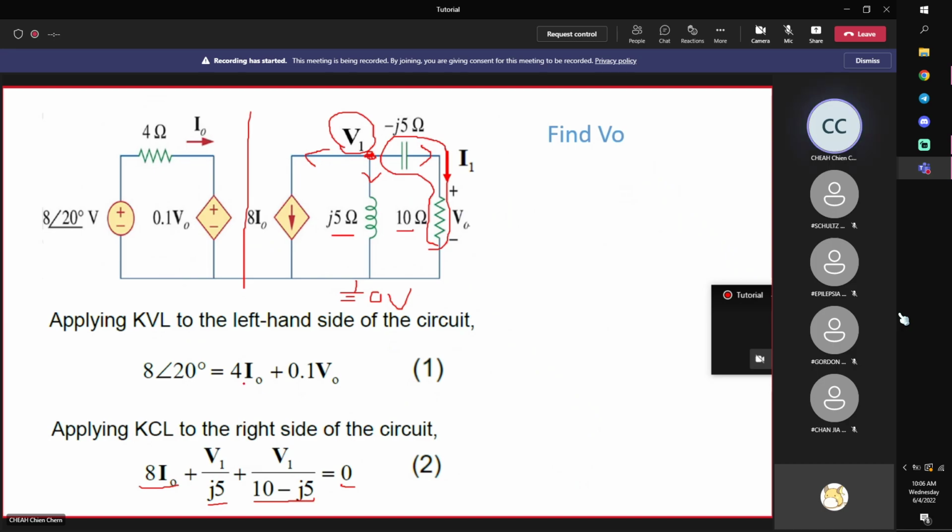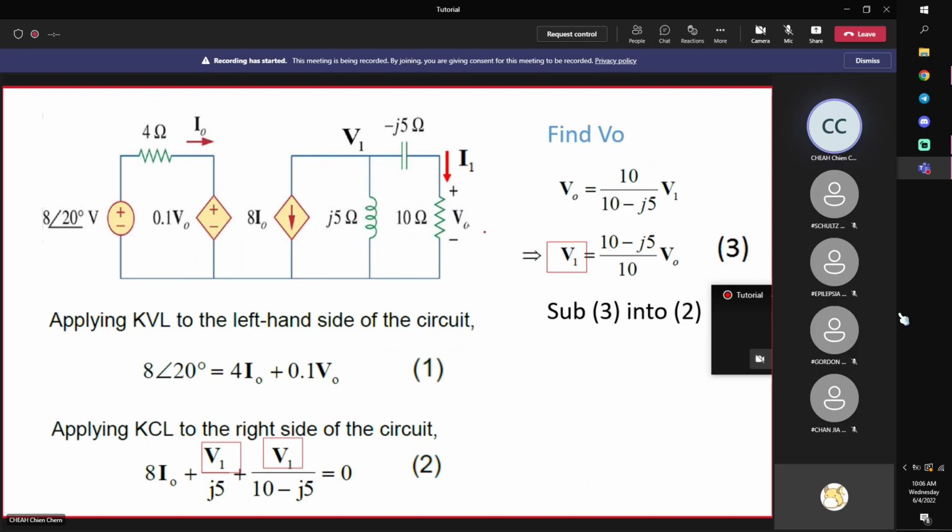Now, if I go back to equation 1, I realize that I0 is okay, but I want V0, not V1. So I should try to relate V1 to V0. V1 is here, V0 is here, and you can see that you can use the voltage division law to find V0 based on V1.